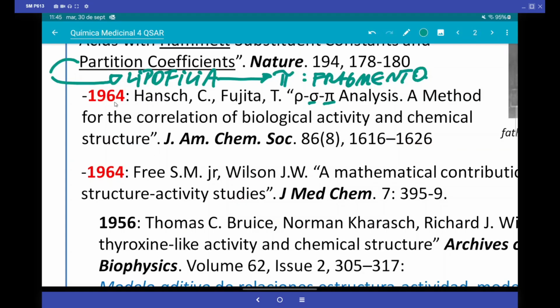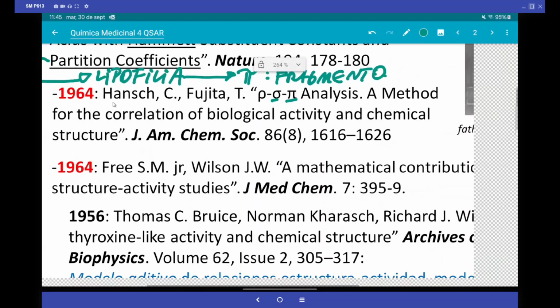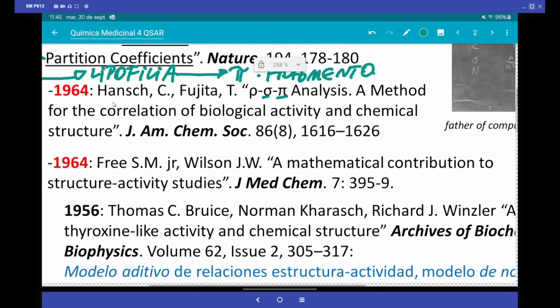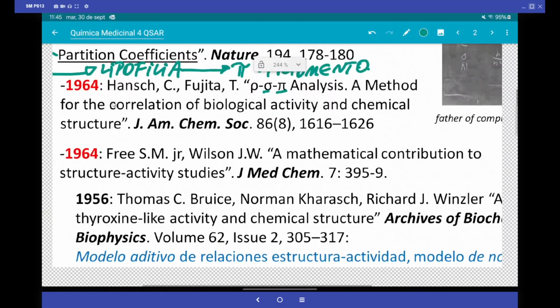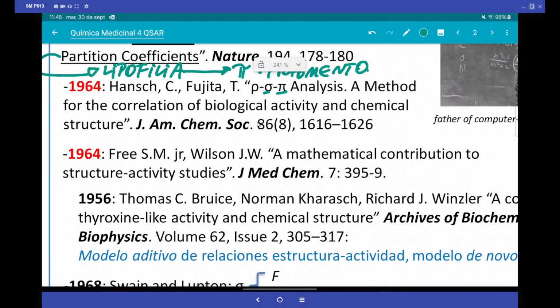So in 1964, the same proposal, a little more refined, and at the same time the researchers Free and Wilson published something super interesting in the Journal of Medicinal Chemistry entitled A Mathematical Contribution to Structure-Activity Studies. Today, the studies of these two gentlemen are called the Free-Wilson studies.